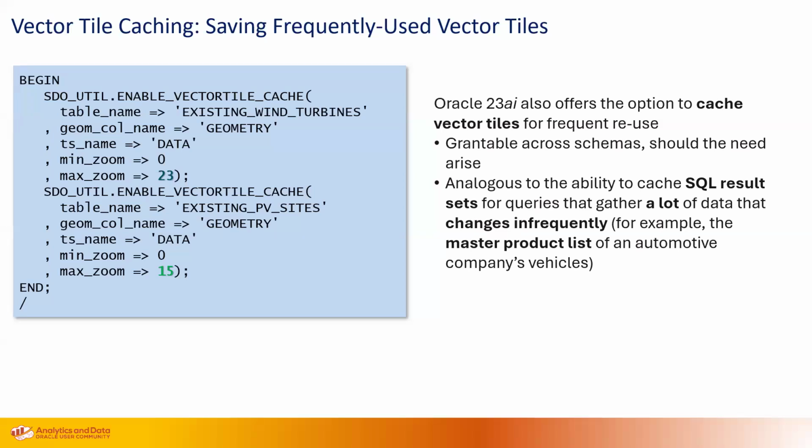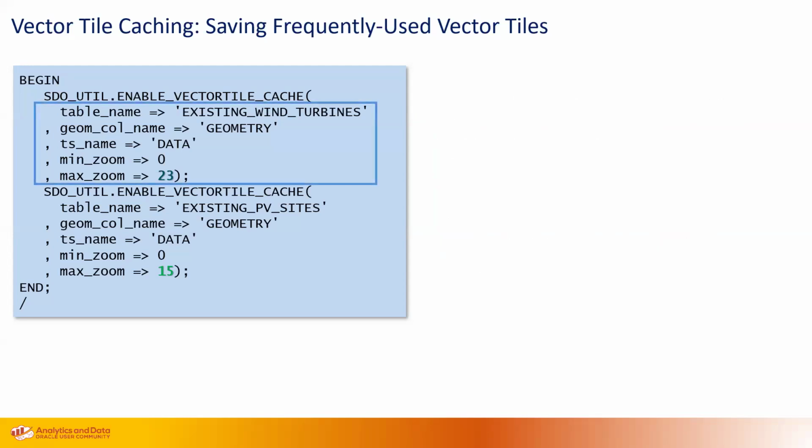Maybe a list of every single one of your convenience centers across the country. There might be only a few hundred of them. I'll query them one time. I'll keep them cached because people keep coming back to their name and address and geographic location. I can do the same thing with vector tiles.